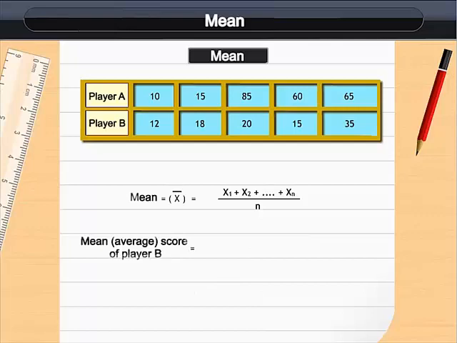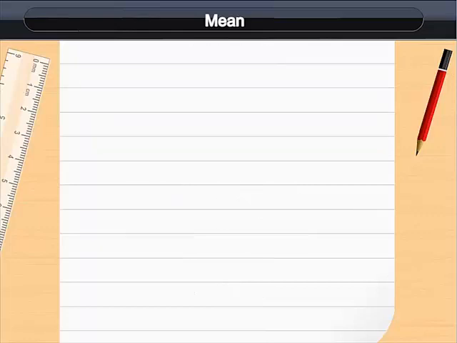Similarly, the mean or average score of player B is 12 plus 18 plus 20 plus 15 plus 35 divided by 5, which is equal to 100 by 5, which is equal to 20.